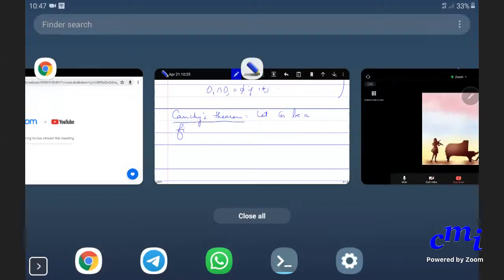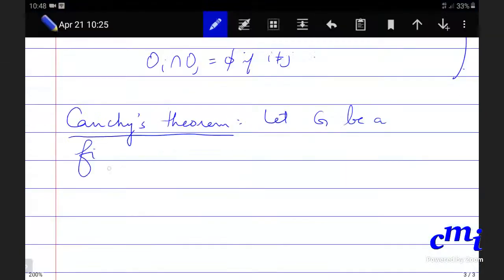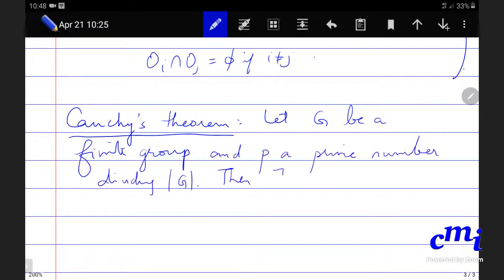Let G be a finite group and p a prime number dividing the order of G. Then there exists an element g in G whose order is p. In other words, G contains a subgroup of order p.